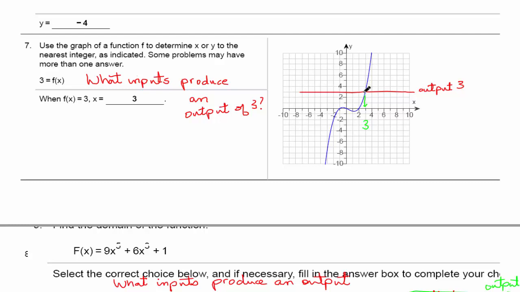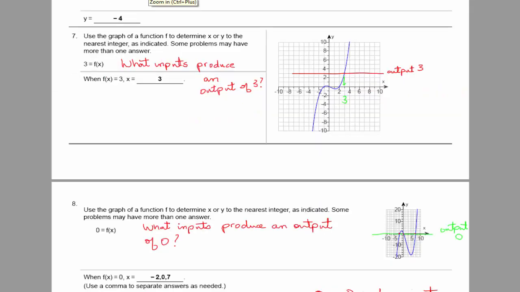Yes, right here. And then if I backtrack, go back down to where the input came from, I see that that particular input is 3. So when they change it up, you have to go to the output axis and then backtrack.